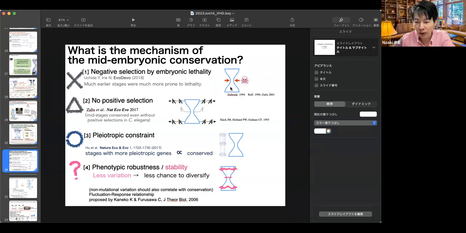Gastrulation stage was more selected, and it's also known that implantation or even the gastrulation stage that comes after that is one of the limiting steps for development. And we're not sure why those became the more selective stages than other stages. But these may have much less to do with the evolutionary conservation somehow.